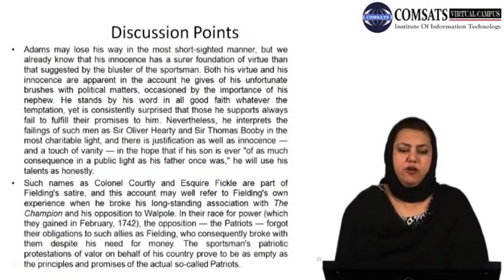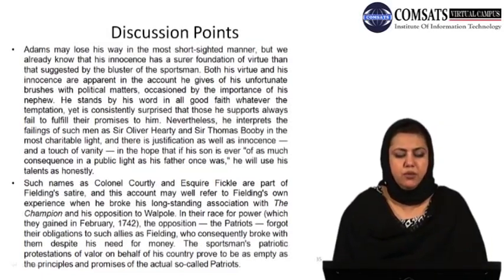By now, as we have been through book 1 of the novel Joseph Andrews and some part of book 2 as well, you would have noticed that such names as Colonel Courtly and Esquire Fickle are part of Fielding's satire, and this account may well refer to Fielding's own experience when he broke his long-standing association with the Champion, that is the political newspaper that he was working with, and his opposition to Walpole.